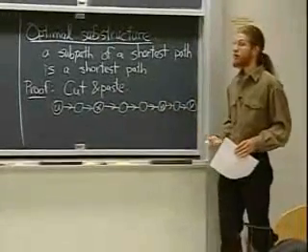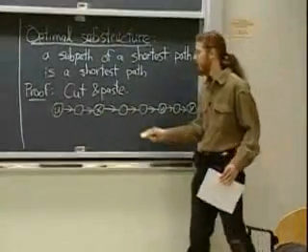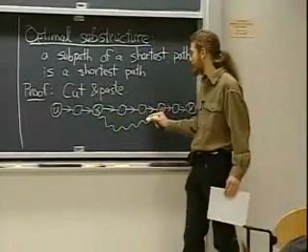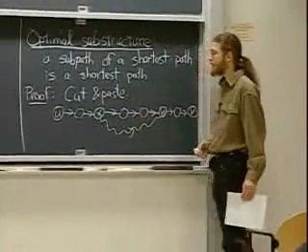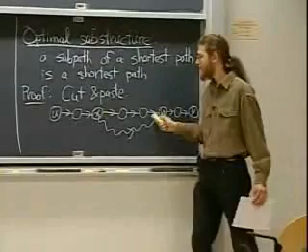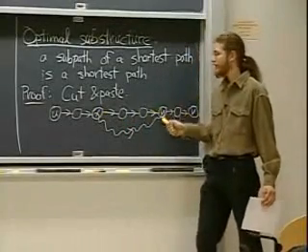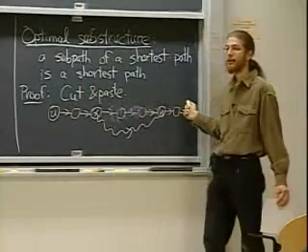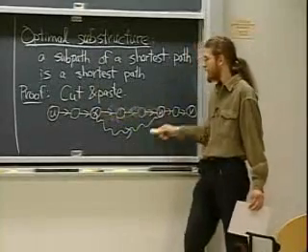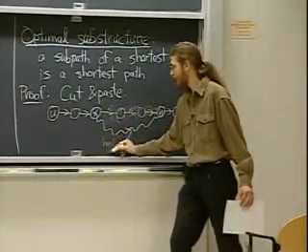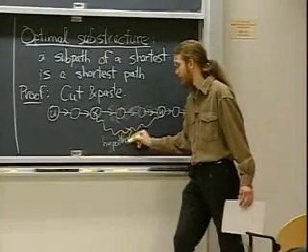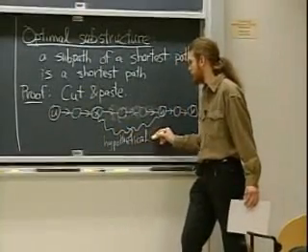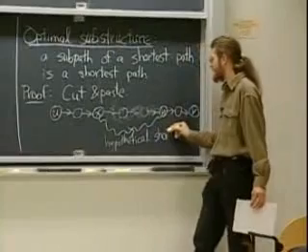Well, suppose xy isn't the shortest path. Then there's some shorter path that goes from x to y. But if you have some shorter path from x to y than this one, then I should just erase this part of the shortest path from u to v and replace it with this shorter one. So suppose this existed.